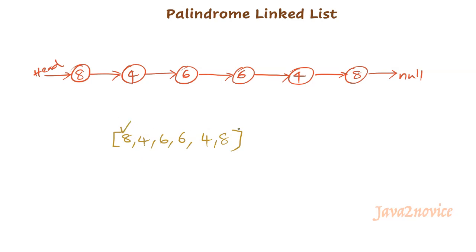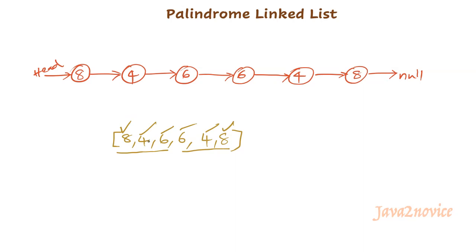This element will be compared with this element. It is matching: 4, 4, 6, 6. If you notice, all the left side values are matching with all the right side values. So this is a palindrome linked list. But this is not an optimal solution as it requires multiple iterations and additional storage space. The array is additional storage.